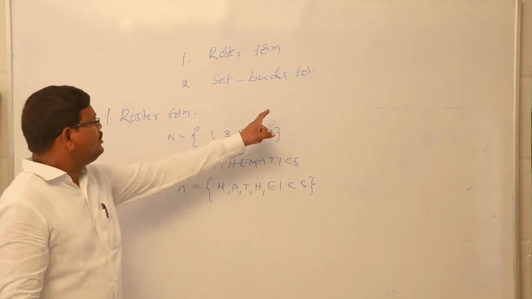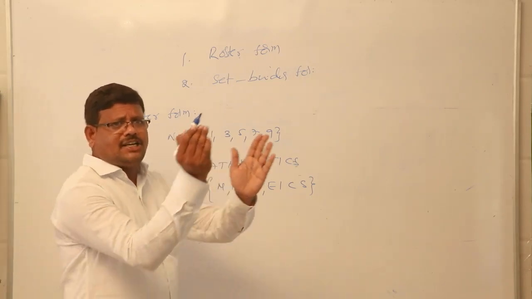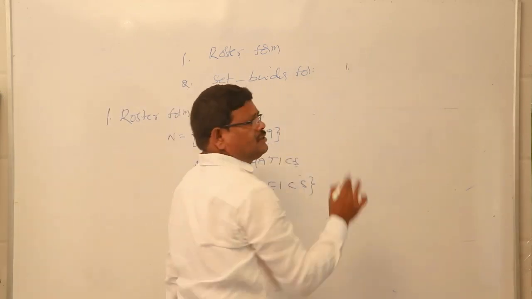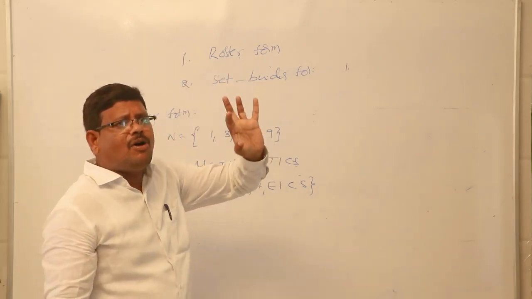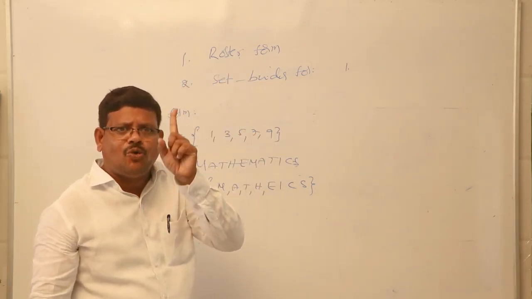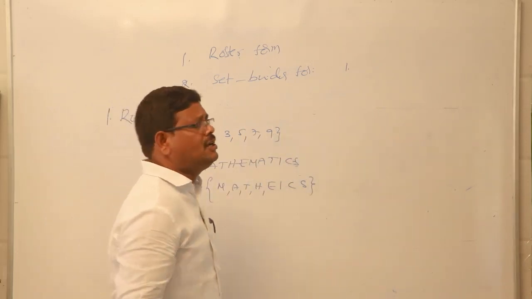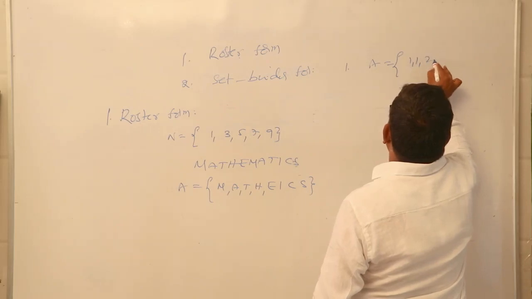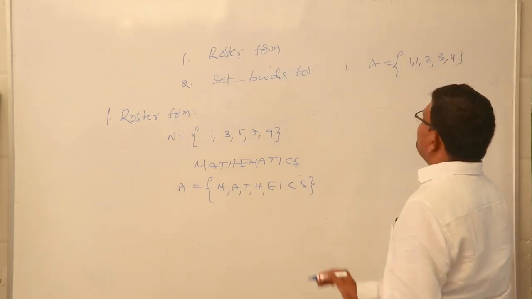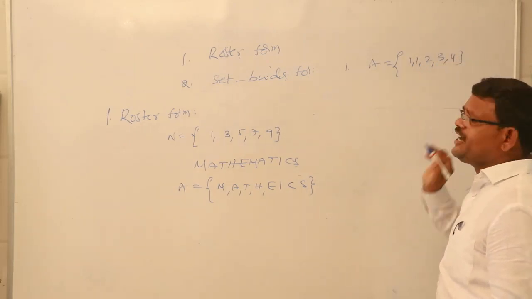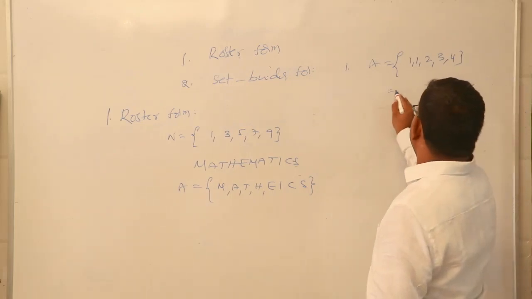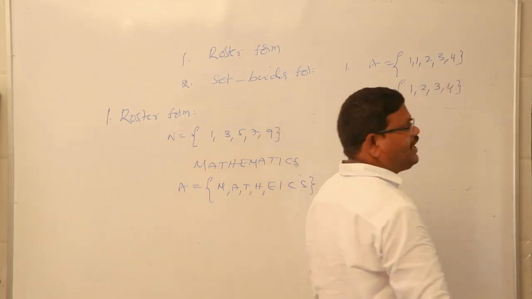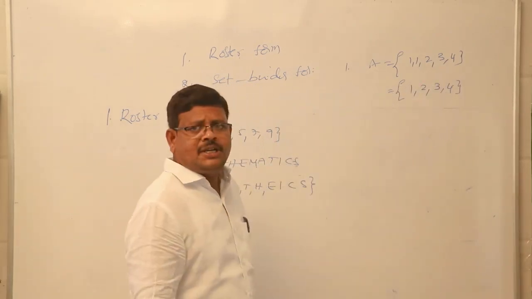What are the merits and demerits of roster form? The first merit is that in this form all the elements are listed only once. For example, if you take A equal to the set {1, 1, 2, 3, 4}, instead of writing twice, we write the set {1, 2, 3, 4}.